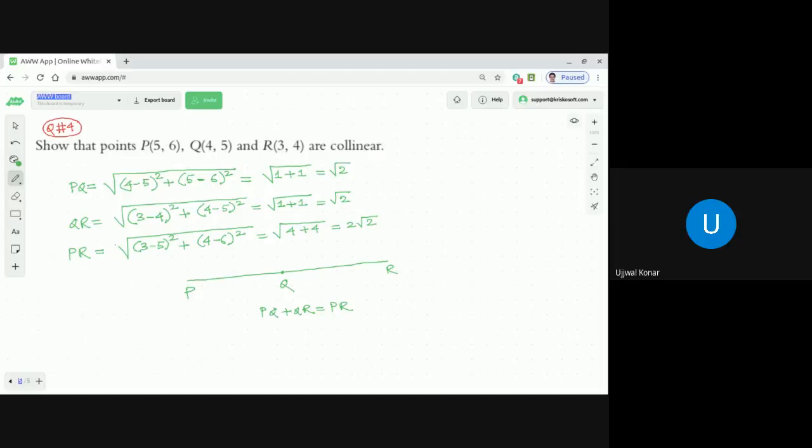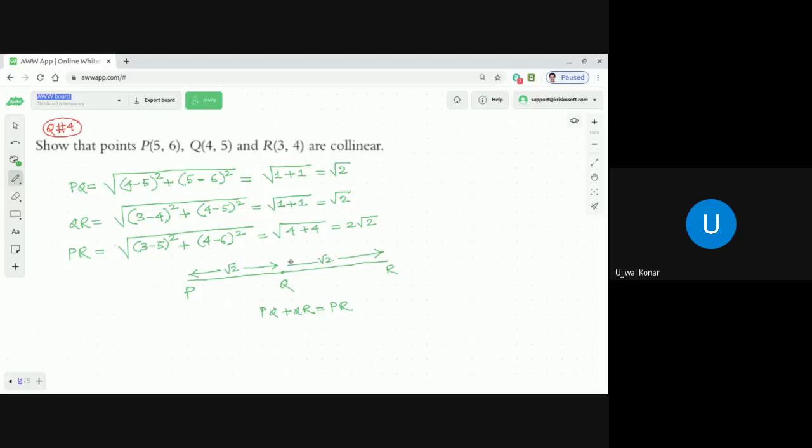Yes, sir. So they are collinear, yeah. So it is proved. PQ is equal to root 2. We got correct or not? And yes, QR is equal to root 2.